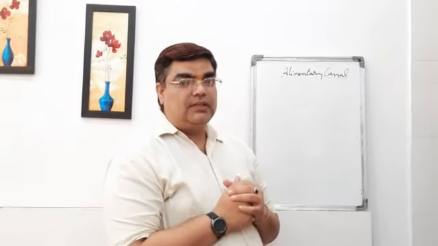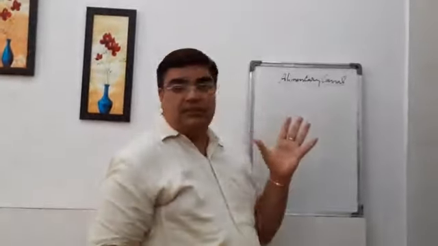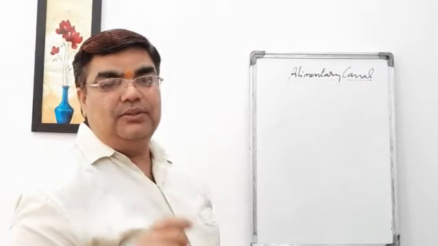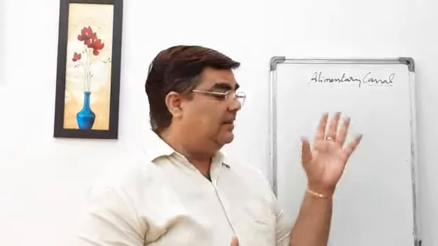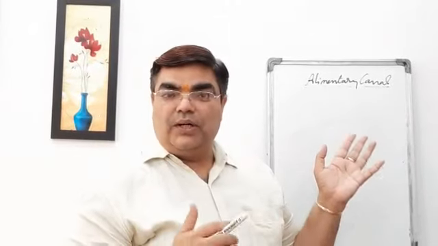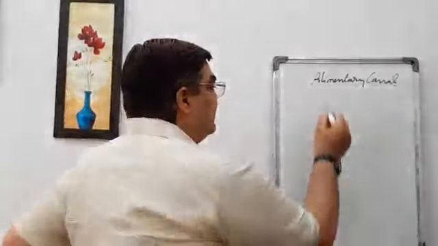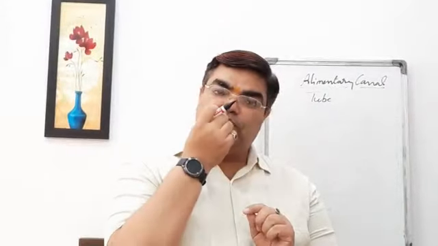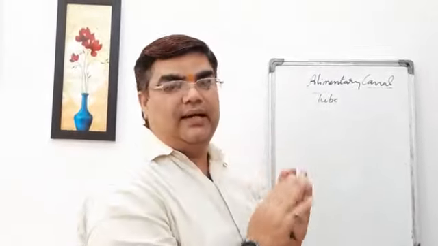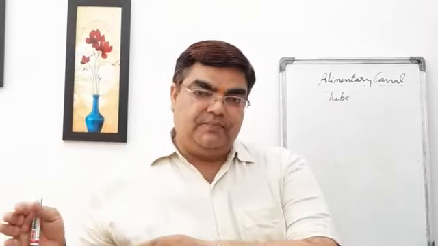Student, without any delay, I am going to start the nutrition in human. Before starting the nutrition in human, I have to discuss the alimentary canal. So what is the alimentary canal? It is like a tube. This tube starts from mouth to anus. The tube is the alimentary canal, having different regions modified for different functions.